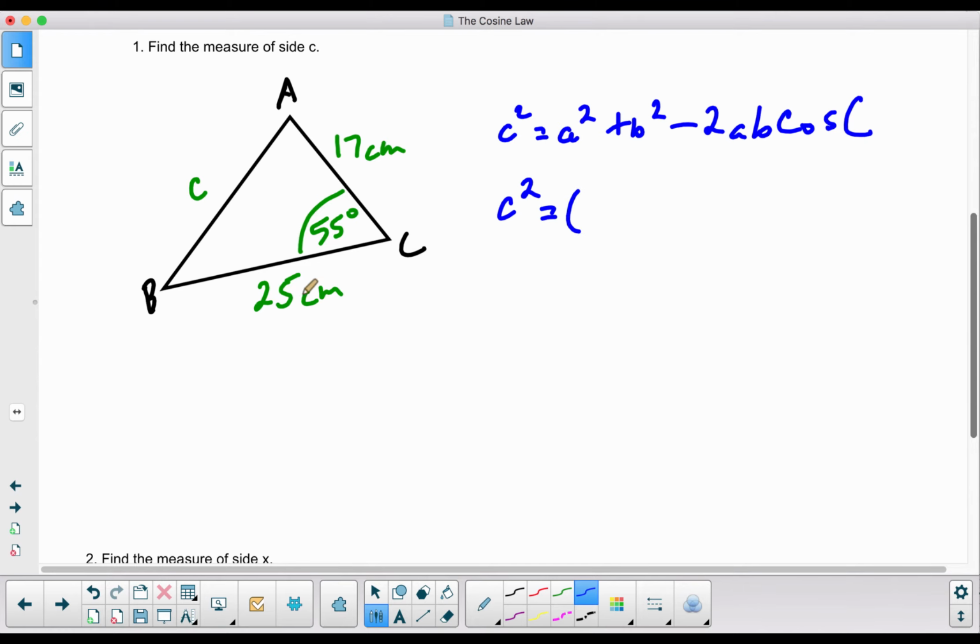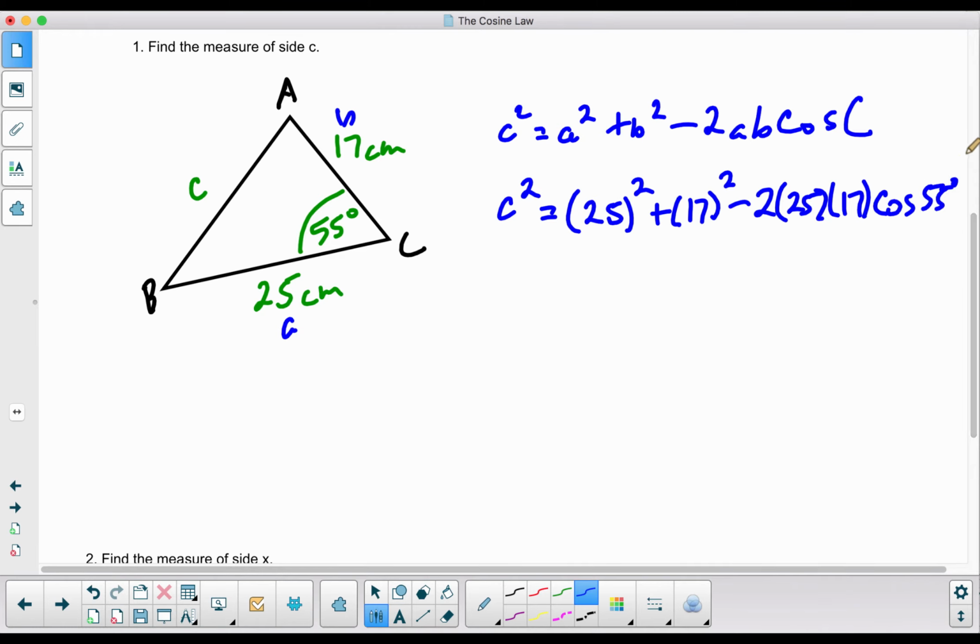So we know that a is 25 squared plus b is 17 squared minus 2 times 25 times 17 times cosine 55 degrees.